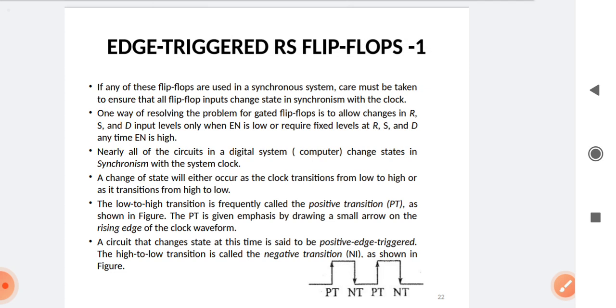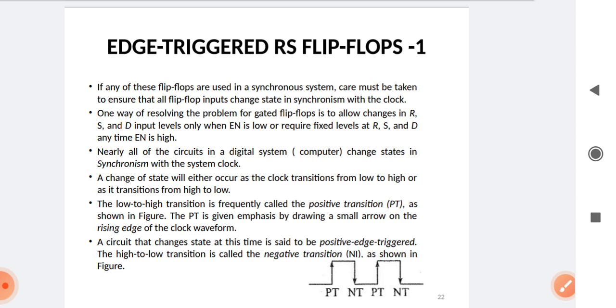If any of these flip-flops are used in synchronous systems, care must be taken to ensure that all flip-flop inputs change states in synchronism with the clock.